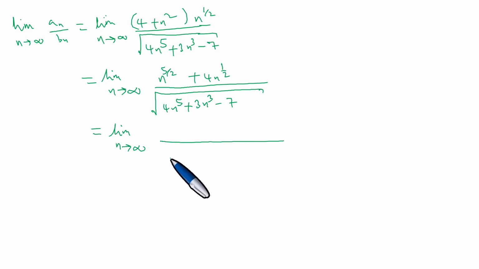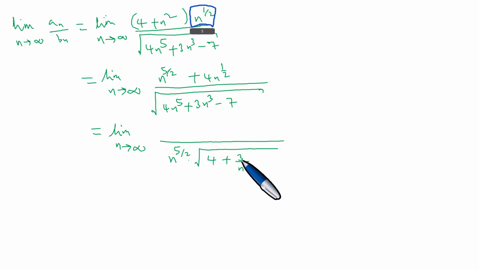So you pull out n to the power 5, or it's going to be n to the what? To the 5 over 2. All right, here you'd have 4 plus, if you pull out n to the power 5 from inside here, this one is going to be 3 over n squared. Where did this come from?